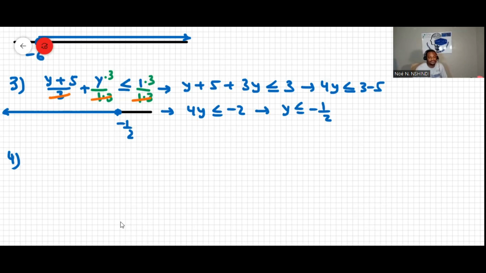Question 4, we have this fraction 3y plus 2 over 4 minus y minus 6 over 3 greater than 0. Then I need to make the denominator common, okay?